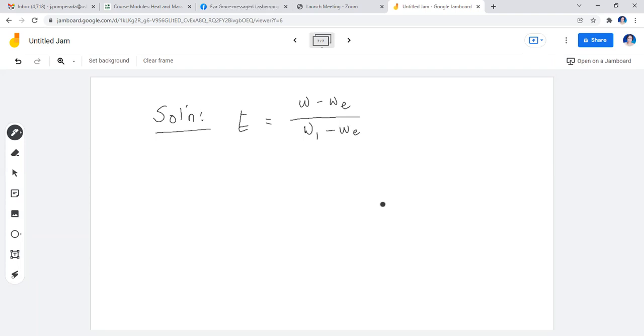This is free moisture. This is also free moisture. But this one is free moisture content at any time T, or final free moisture content, and this one is initial free moisture content. So this is the E that you are seeing in the table, in the worded problem that was shown to you a while ago.